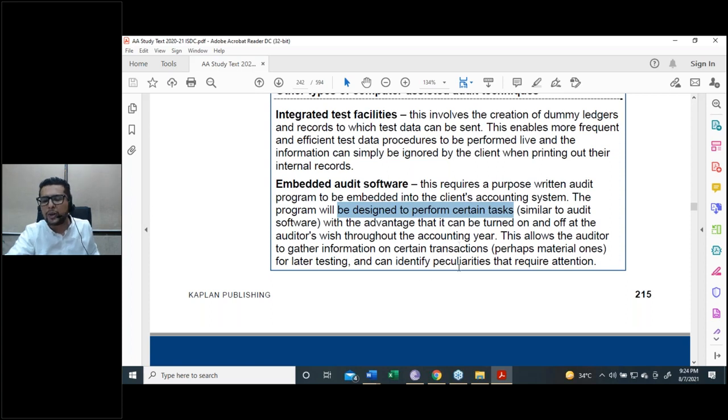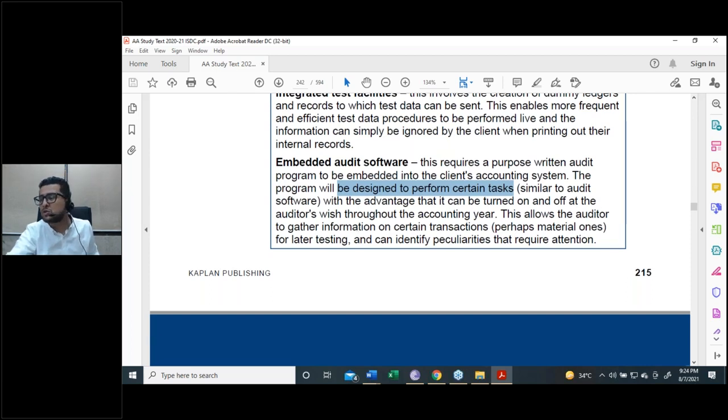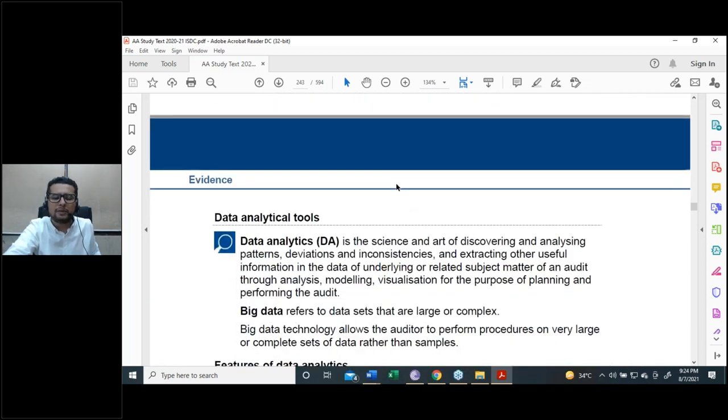In that way, you will be able to identify whether the misstatements in the client system were identified by the management or not. By running your software on the client system, you will be able to identify the misstatements. And once you have identified the misstatements as an auditor, you will be able to make sure that management rectifies them. And if they are not going to rectify, obviously this will have implication on the audit opinion.